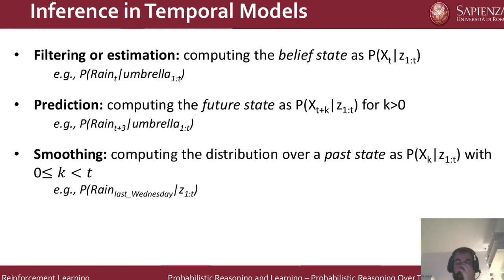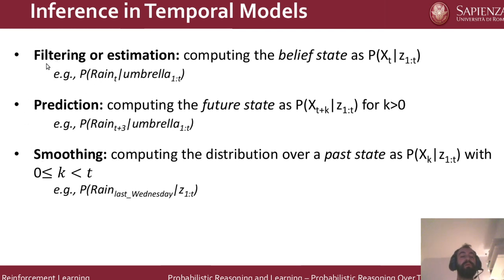So now that we described how we can model these temporal models for reasoning over time, we need to understand what kind of inferences we can perform on these models. So typically you want to perform three kinds of inferences. One is filtering or estimation, the other one is prediction, and finally we have smoothing.